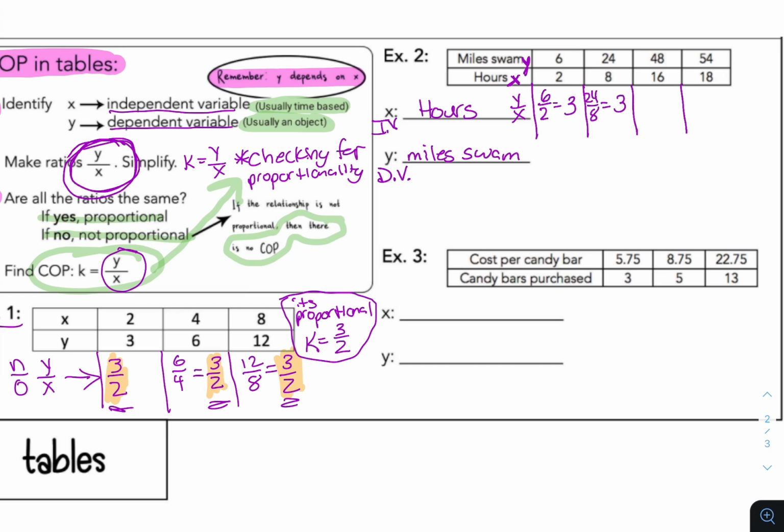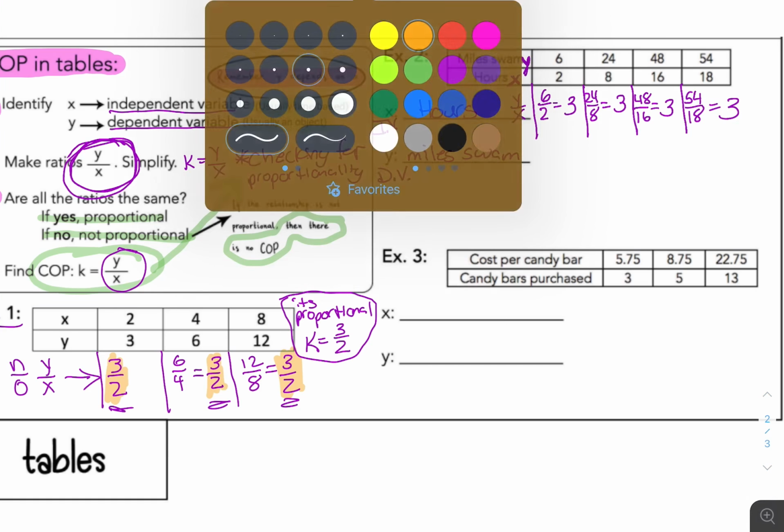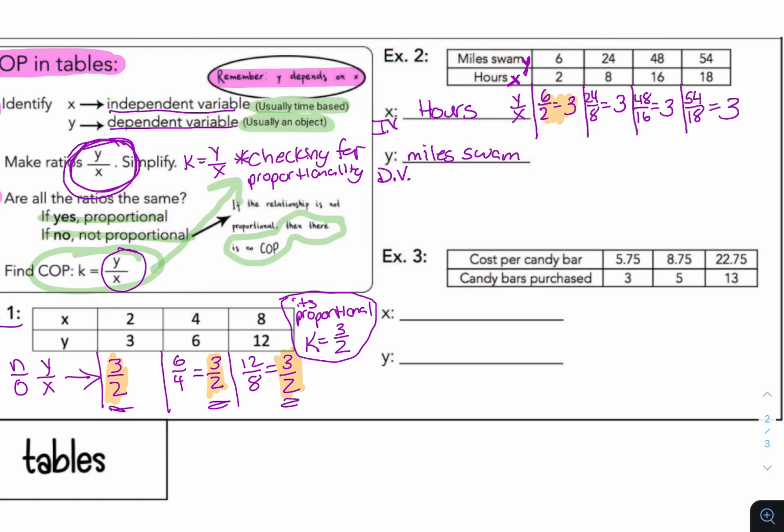Second to last one, we get 48 over 16, which simplifies to 3. Last but not least, 54 over 18, which simplifies to 3. Do you see how all of your ratios simplified to be the same number, 3? That means that yes, it's proportional.